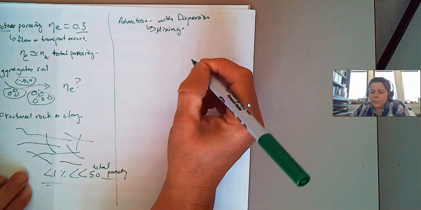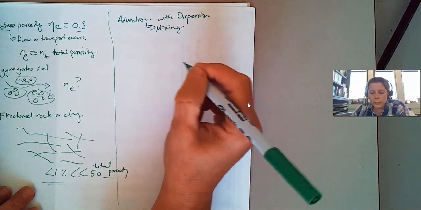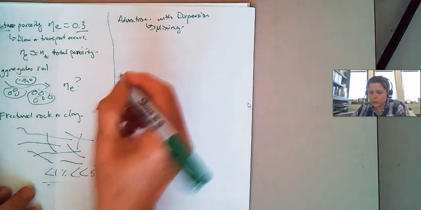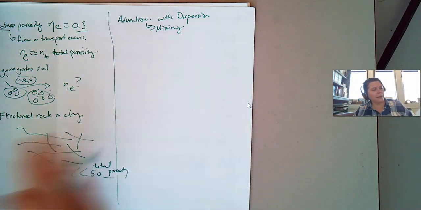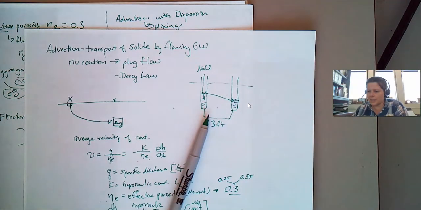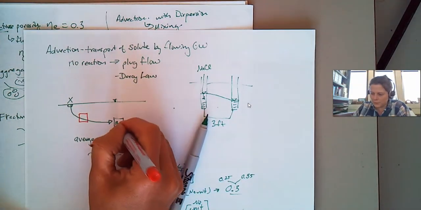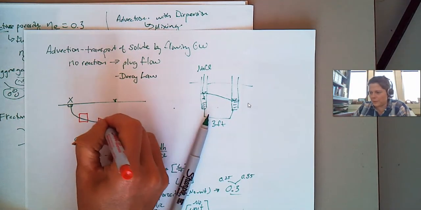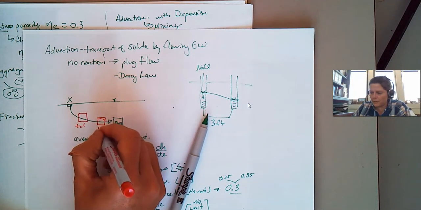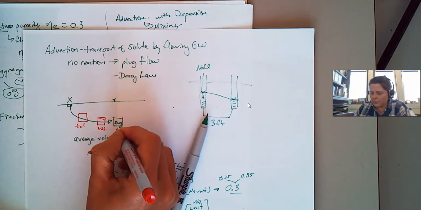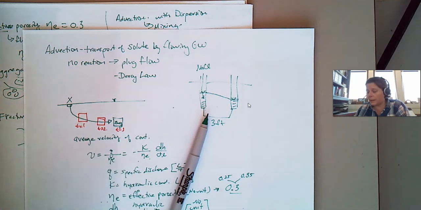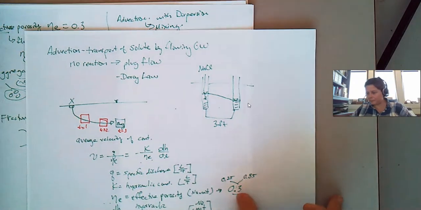And so you're going to see the plume not go in as a plug. It's not just going to march along like it did here, where we could do this with time: at this time it was here, then here, then here, and it just moves as a plug. This is T equals 1, T equals 2, T equals 3. This is not what happens in the environment because we have dispersion.